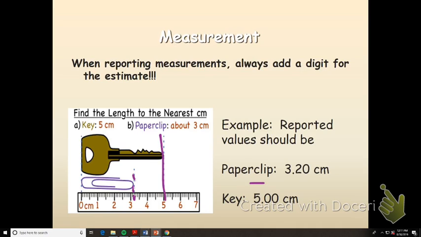So that's why I say 5.00, because this last digit should always be an estimate. Even with 3.2, do I know if it is exactly on the 2? I don't know, because there are no other little lines. So it's a guesstimate, an estimate, that I'm saying it's exactly on the 2, so it's 3.20. Accuracy is key.